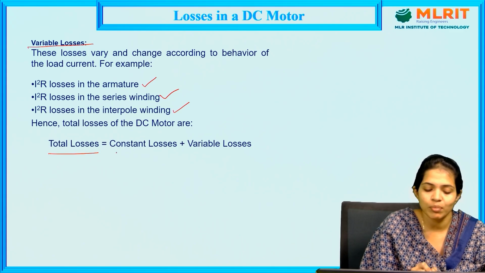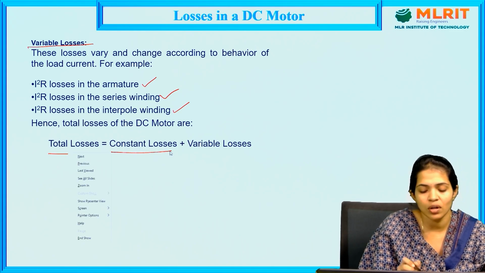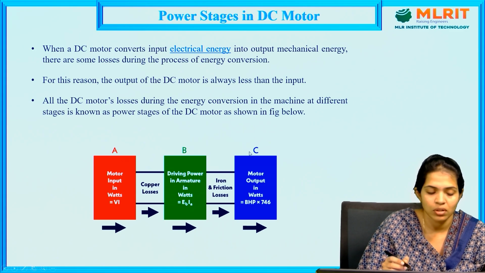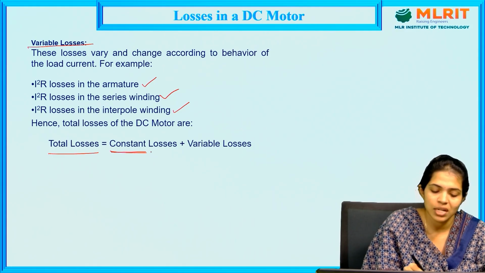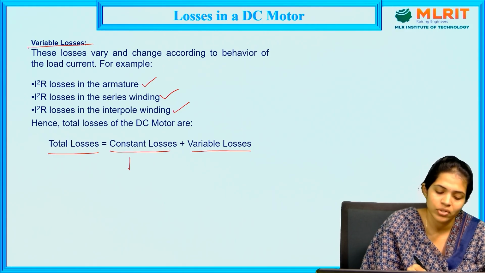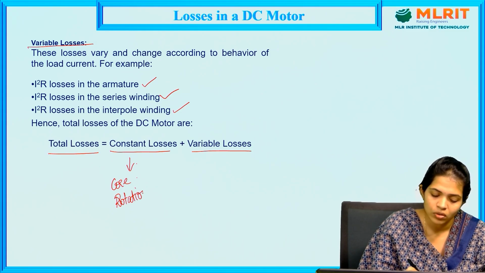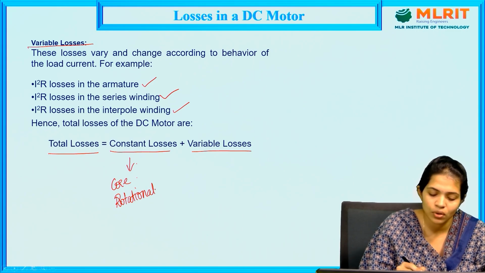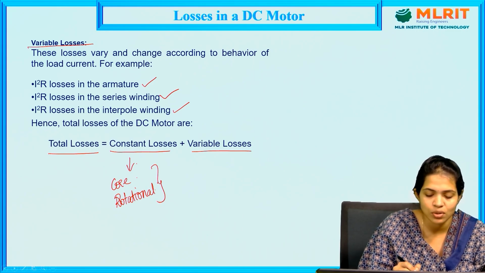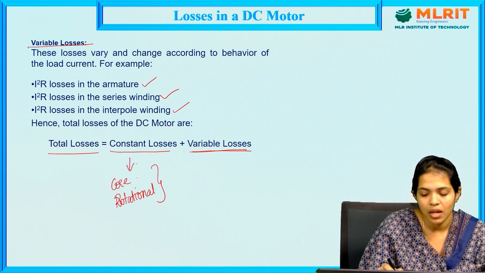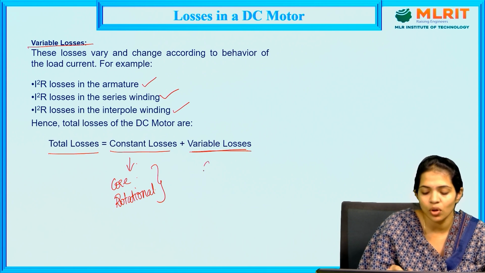Total losses can be given as a sum of constant losses and variable losses. Constant losses are the losses occurring in the core and the rotational losses, and the variable losses are the copper losses.